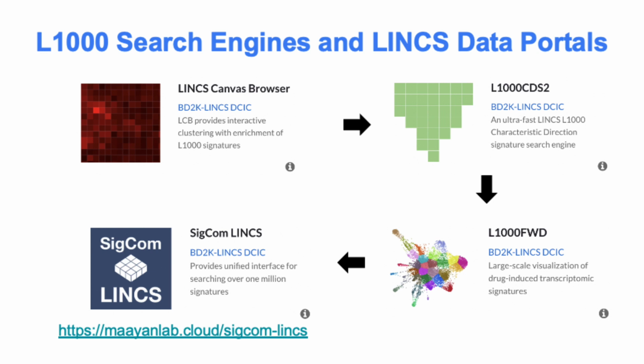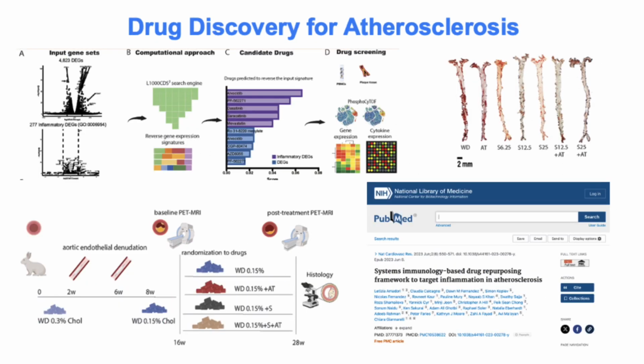And this is just a way that we were able to also make an impact by building those easily used search engines that were an alternative to what was provided by the Broad. And here is just one example of how those search engines have been used.